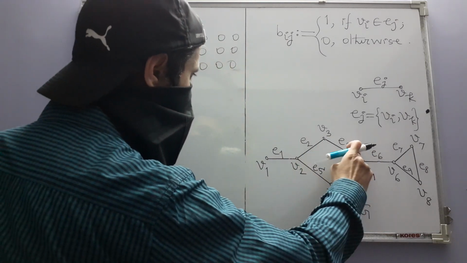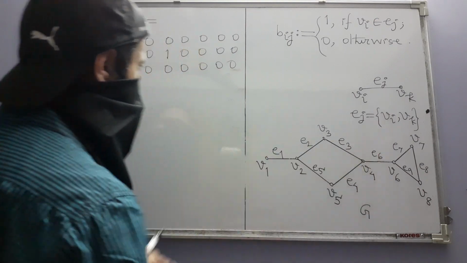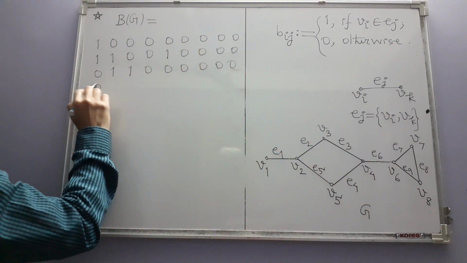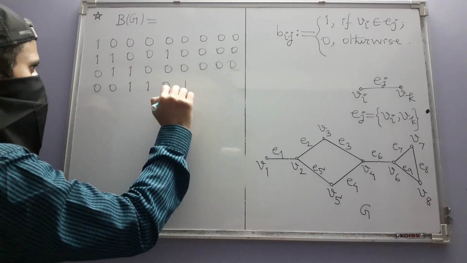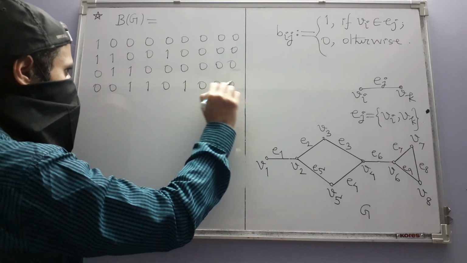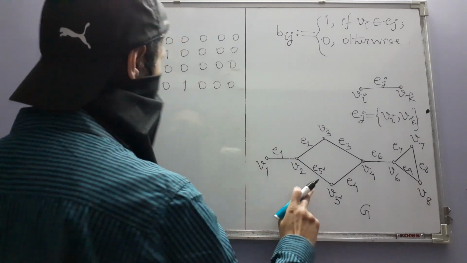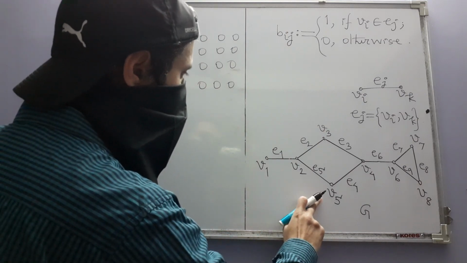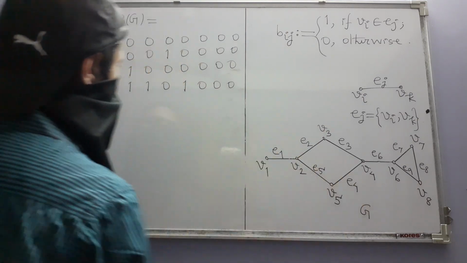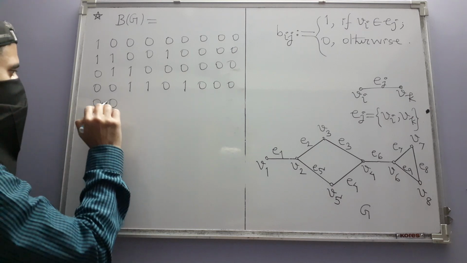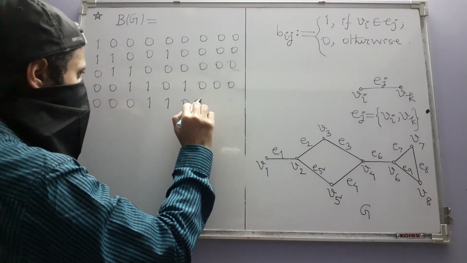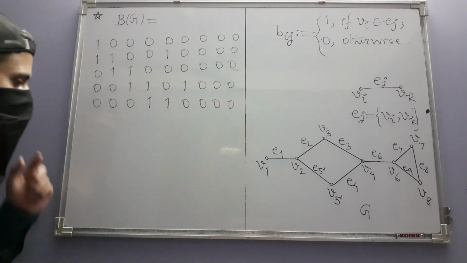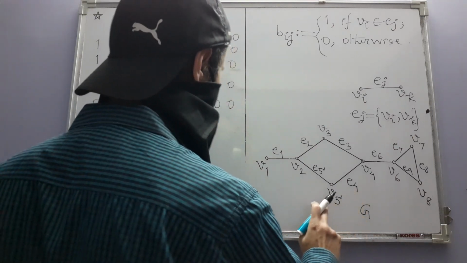V4, 3, 4 and 6. 1, 2, 3, 4, 5, 6. This, 1, 2, 3, 4, 5. 4 and 5. 1, 2, 3, 4 and 5. 6, 7, 8, 9. Okay.